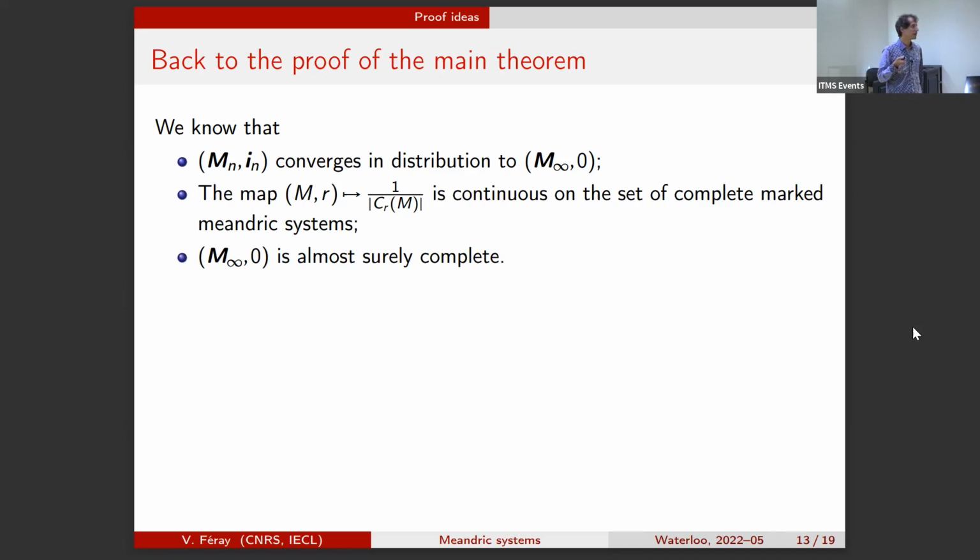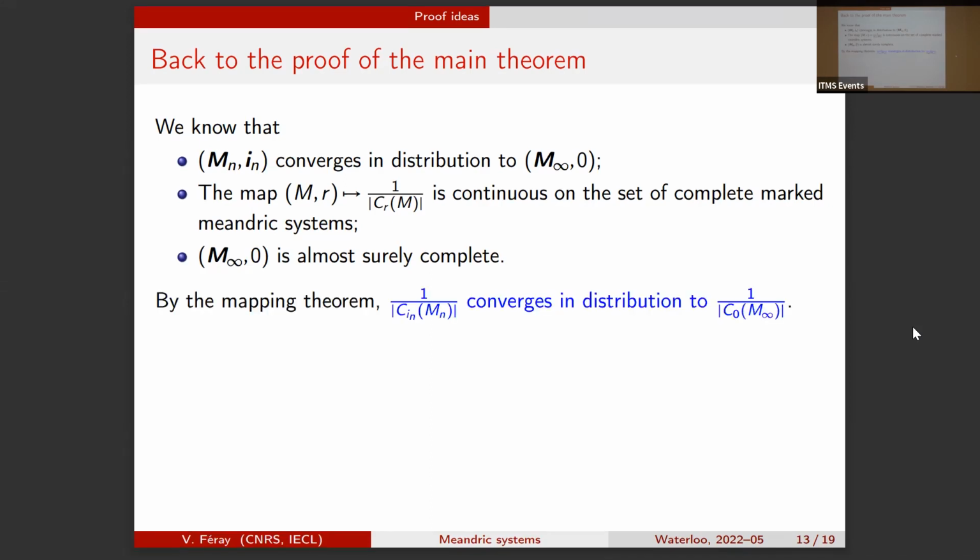So if I recap what I said, we said that this (M_n, I_n) converges to the infinite noodle, that this map is continuous on complete marked meandric systems, and that this infinite system is complete with probability 1. And when you have that, there is a classical thing called the mapping theorem that you can apply: you apply your almost surely continuous map to the convergence in the first line.